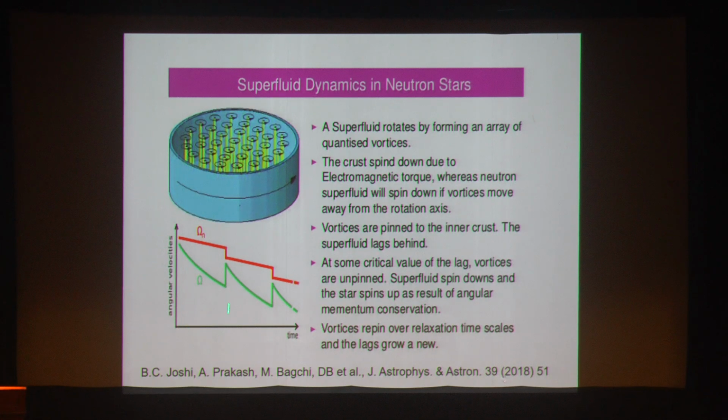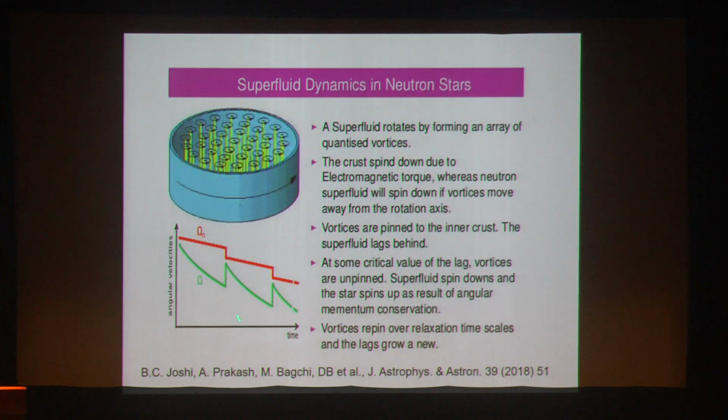Now in the bottom picture, you see the angular velocity as a function of time, and two angular velocities are shown here. One is the neutron star, which is spinning down, so its angular velocity is decreasing, denoted by the green line, and the superfluid, denoted by this red line, and these are pinned to the nuclear clusters.